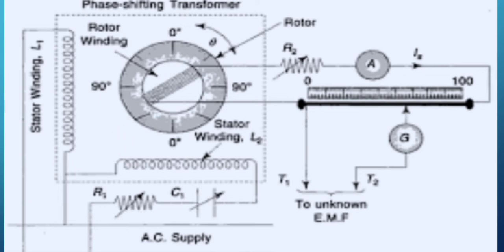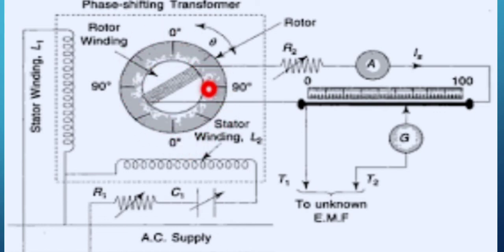Similar to a DC potentiometer, we have a slide wire arrangement, and the position of the sliding contact over the slide wire represents the magnitude of the unknown voltage. And here we have a phase shifting transformer, where we can measure the phase angle of the unknown voltage by the movement of this rotor arrangement.